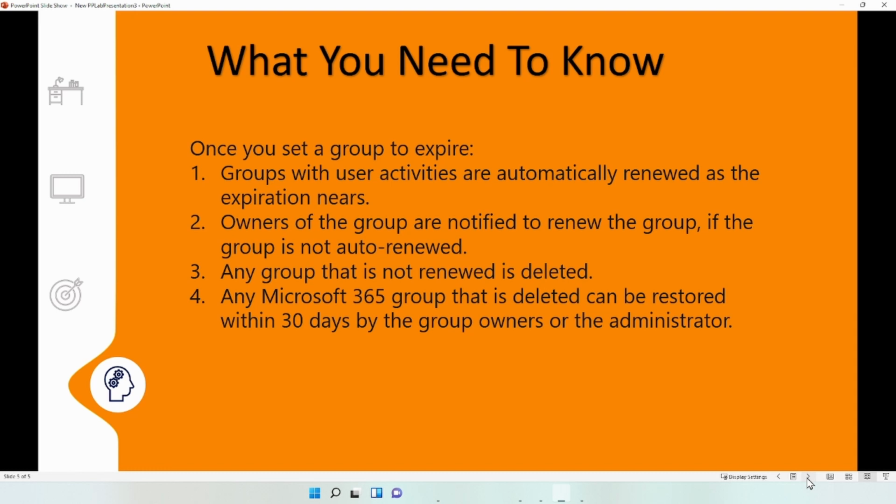In case the group is not auto-renewed, then the owners of the group are notified to renew it. If they renew the group, it keeps on functioning. But if they do not renew the group, then the group is automatically deleted.